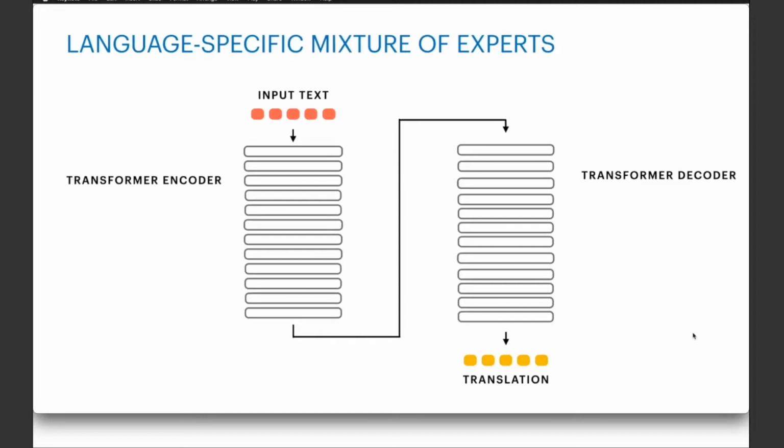If you think about naively scaling model size in this way, what's the downside? Well, yes, I've made my model a lot bigger and I've achieved better translation quality, but now when I put in an input sentence, I have to use every single parameter in this neural network. So everything is super slow, really inefficient, and it takes forever to train, right?